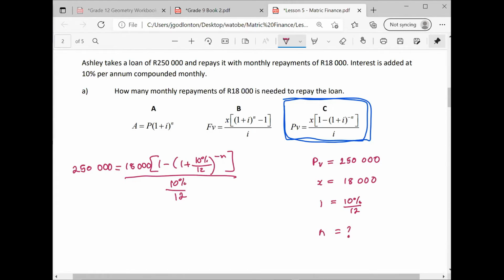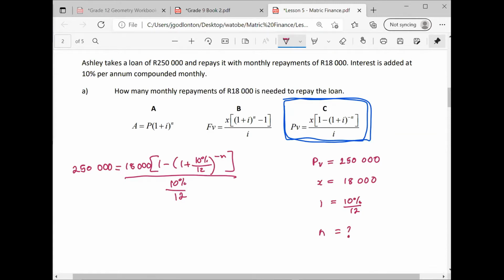So you're on the right track. Just think with that number, if your answer was 14,82, how many payments of 18,000 have I made?